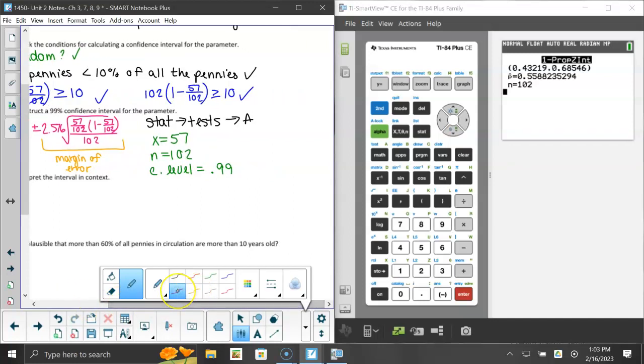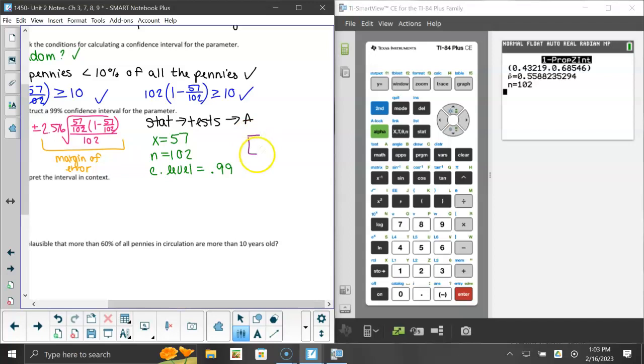We go purple. So it goes from 0.43219 to 0.68546. All right. So we are. Yep, because that's what we're doing on the next two.